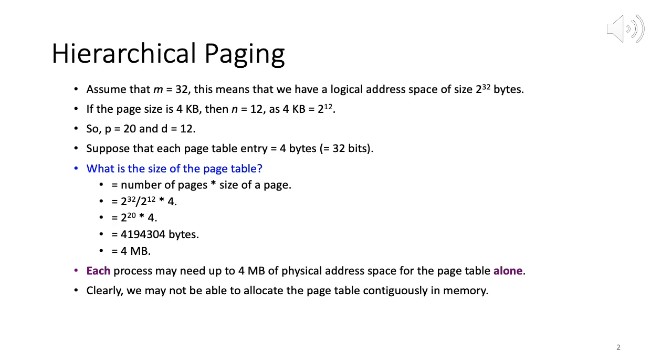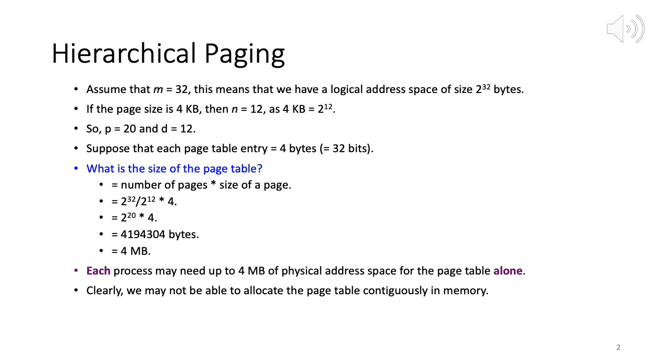Now further assume, what does the page table entry contain? It contains the corresponding physical address. So assume that for storing each page table entry we need 32 bits or 4 bytes, because it contains a physical address.